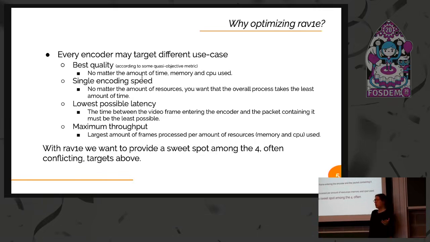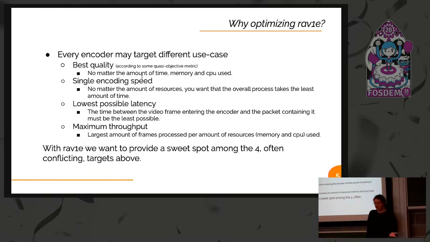Lowest possible latency, great for security, great for video conference. In this case, the amount of CPU that you can throw at the problem is limited by the fact that latency requires you to get the frame out. So you can try to use multiple threads if you cut the frame, but you are restricting the tricks that you can use.